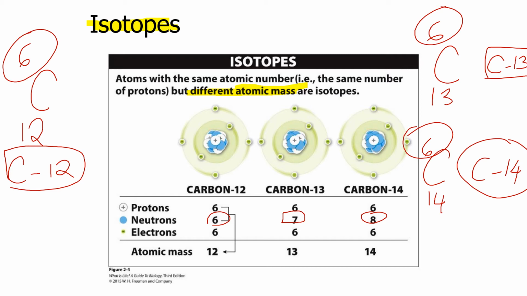Now, why is carbon 12 the one written on the periodic table? It's because carbon 12 is the most common type of carbon in nature, so that's the one included on the periodic table. Carbon 12 is also the carbon that we have within our body. Actually, some of us could have the radioactive carbon 14 within our body.